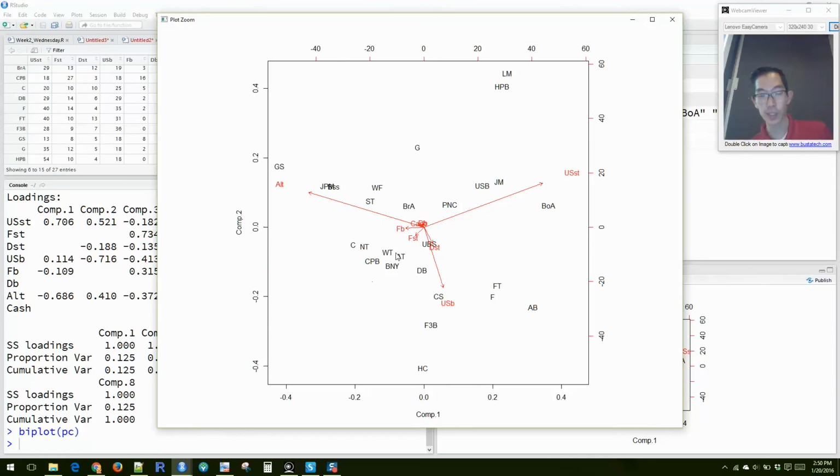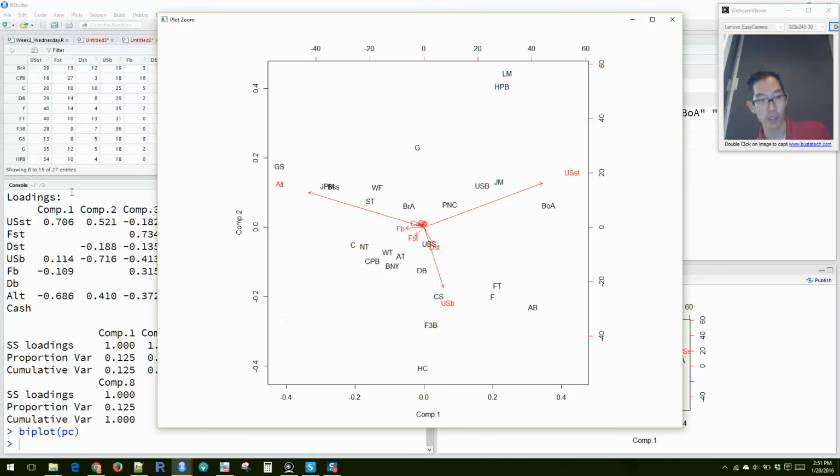So HC here goes very high in this direction, which means it's probably placed a lot on U.S. bonds, and it's in the middle of the road for alternative and U.S. stocks.